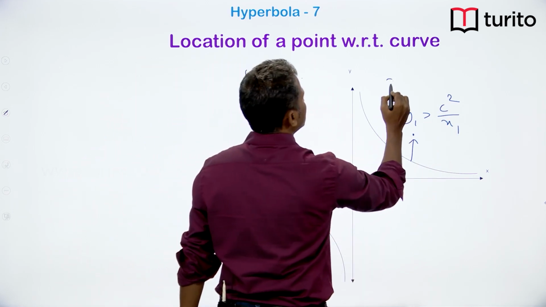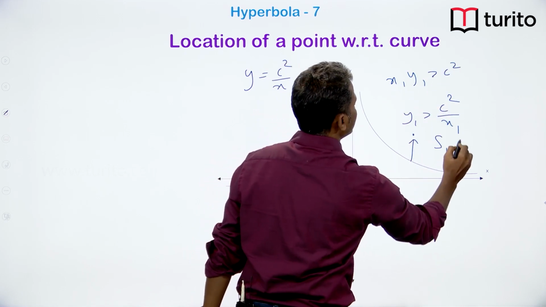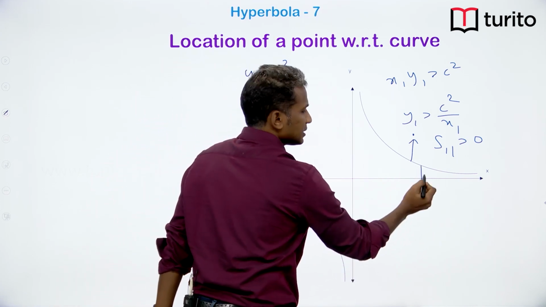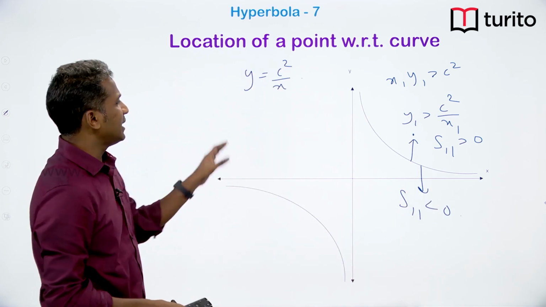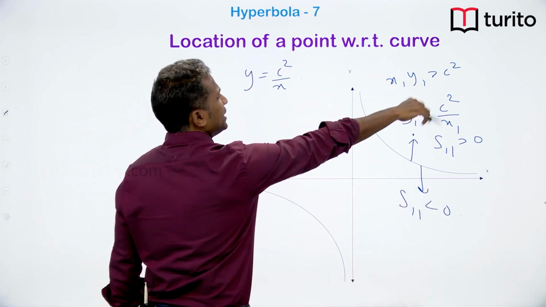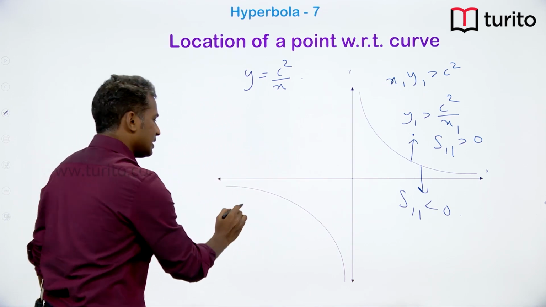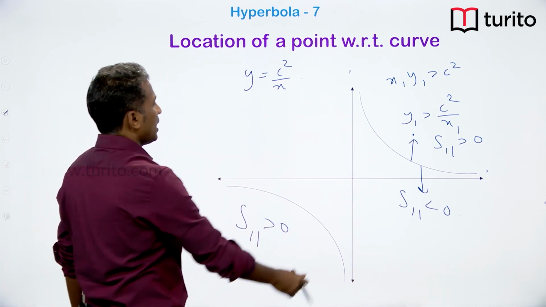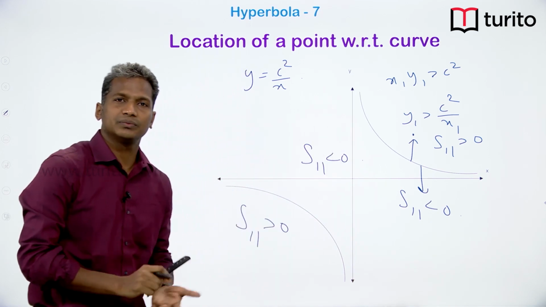So this will give us x1 y1 greater than c square, which means S11 is positive here. Similarly, if we go below this curve, S11 must be negative. So using this idea, we can say that for all interior points S11 is greater than 0, and for all these points S11 must be less than 0. Okay.